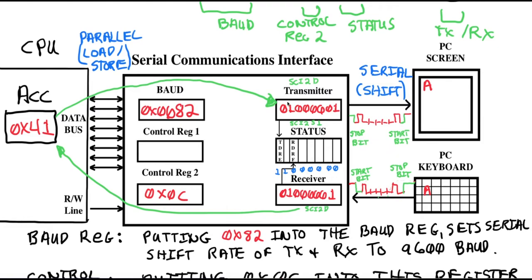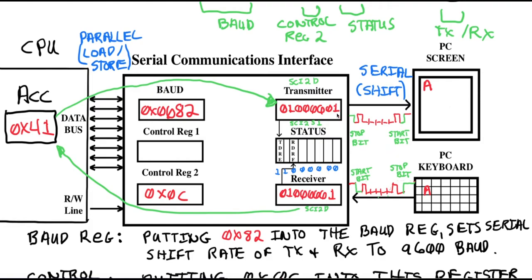Once the 41 has been stored to the transmitter from the accumulator in about a fraction of a microsecond, let's take a look at how it goes in a shifting operation from the transmitter to the PC screen. The PC screen here is a receiver, and any receiver will be sitting at idle high, in our case 3.3 volts, and it's going to stay there until some information is going to be shifted from the transmitter to the PC screen here.